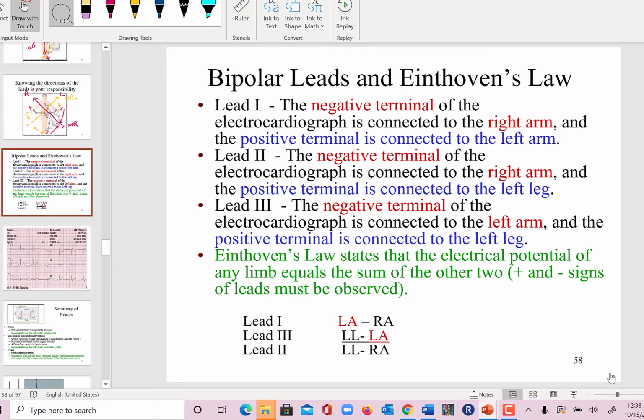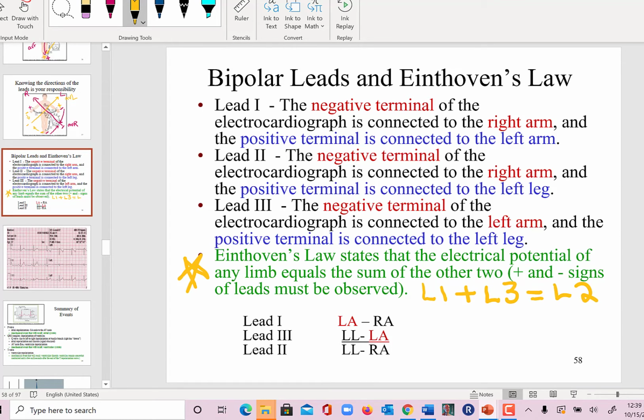Let us evaluate Einthoven's law. Einthoven's law states that the electrical potential of any limb lead equals the sum of the other two. We are going to use Einthoven's law to show that lead 1 plus lead 3 will equal lead 2.